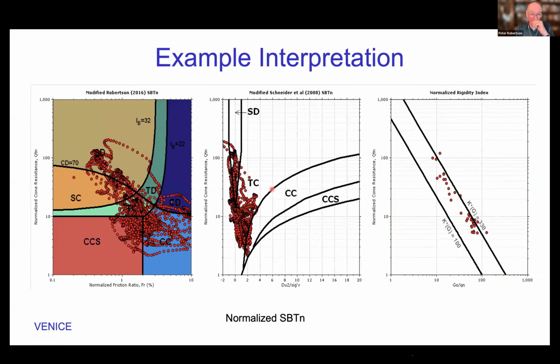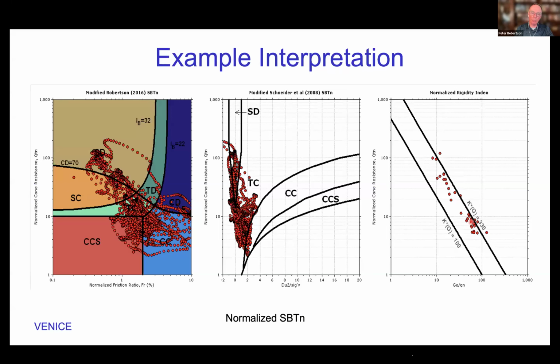And of course, you can look at the data on the soil behavior type chart. Here on the right, they had shear wave velocity, and you can see that most of the data falls between this range. They are plotting a little bit towards the upper end. Although these sediments are quite young, they are plotting on the upper end of the range, which indicates there's just a little bit of microstructure.